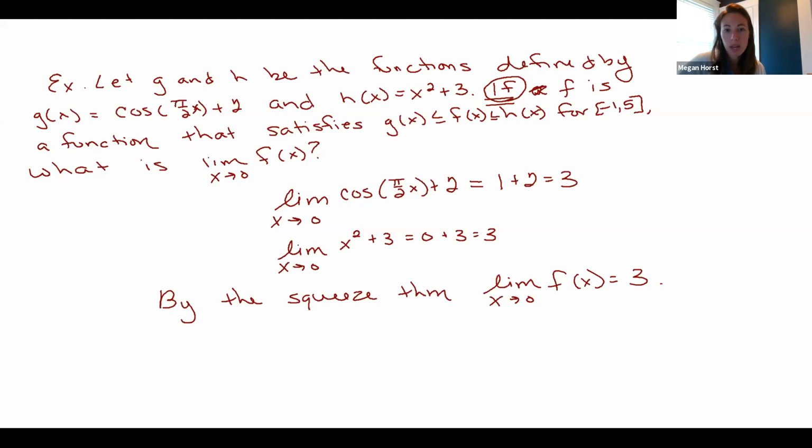All right, let's go back and do one more example like this. In this instance, I'm not going to put all the verbiage. We're going to let g of x equal negative x squared plus 2x subtract 3. We're going to let h of x equal 2x plus 1.